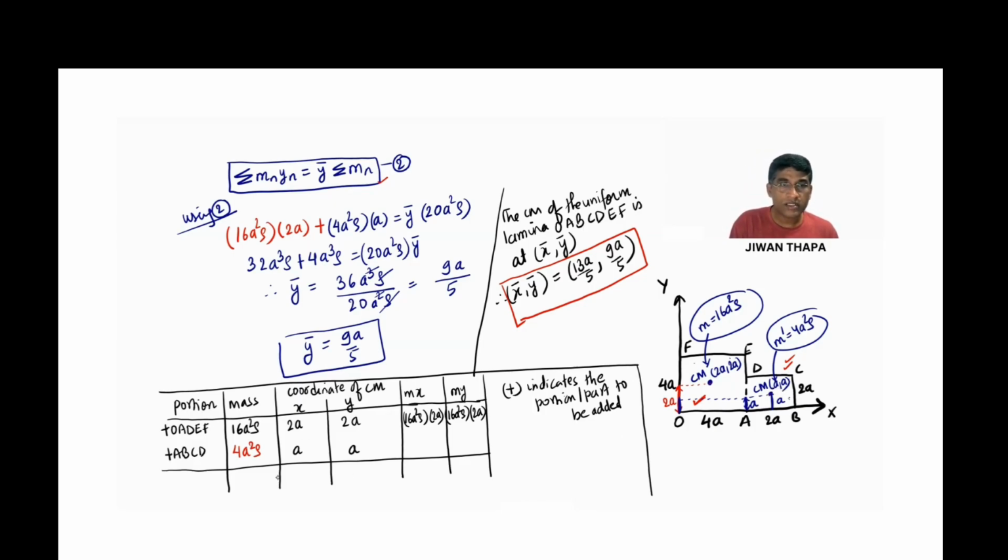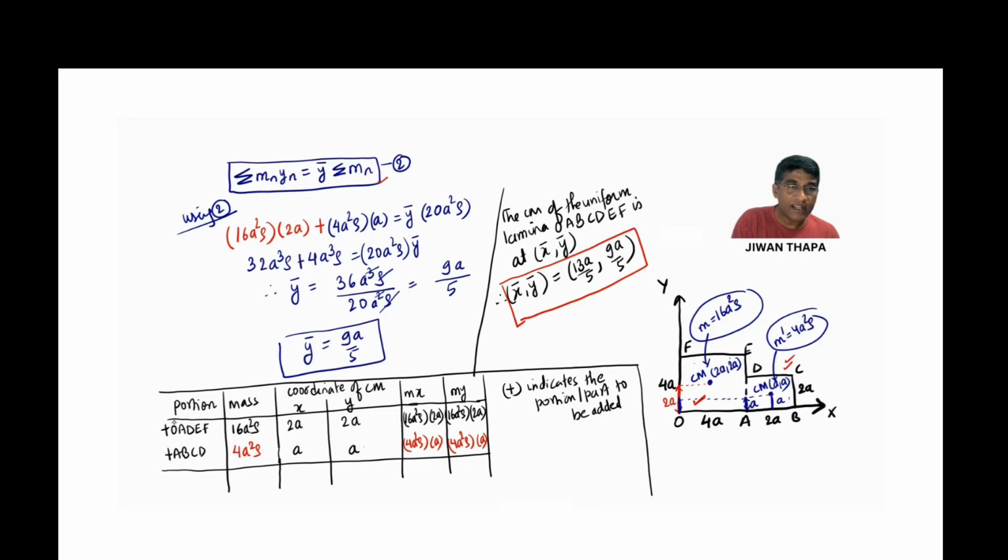So let us multiply these two, okay, to get mx. So we have 4a square rho times a. Now next, we need to multiply mass and y coordinate, okay. So we have 4a square rho times a. So we have this.